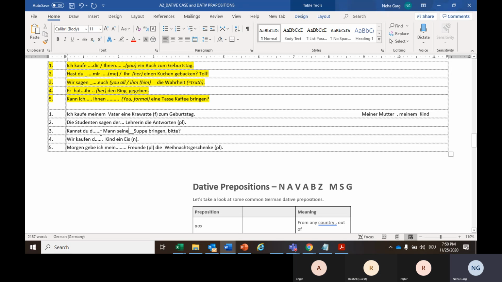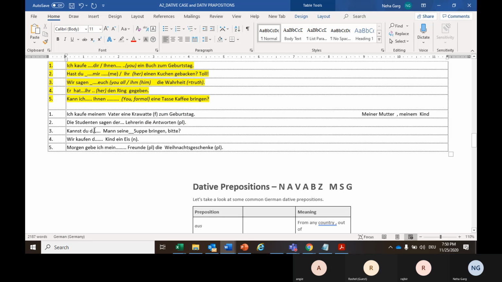But what did you answer for this particular blank? Just remove your cursor. See the table, Rajveer. Dative case, masculine, how will it change?